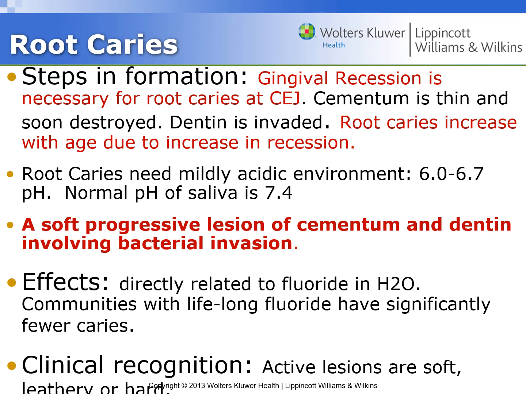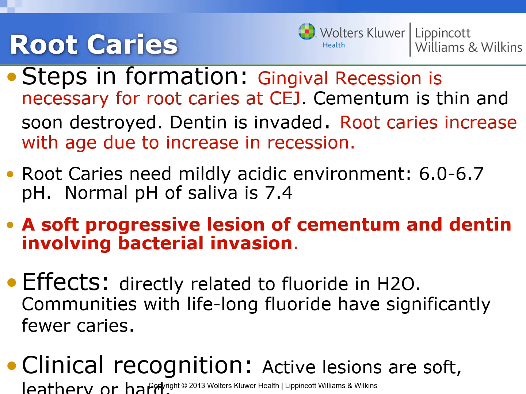And the dentin is hard, but not as hard as enamel, so it's a little softer, even though it's going to feel hard to you. It can form root caries really quickly. But in order to have root caries, you have to have recession.